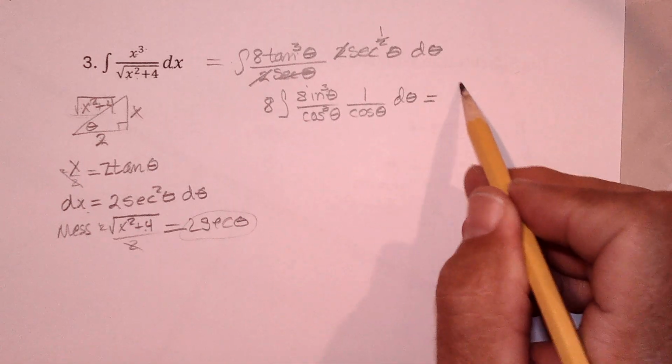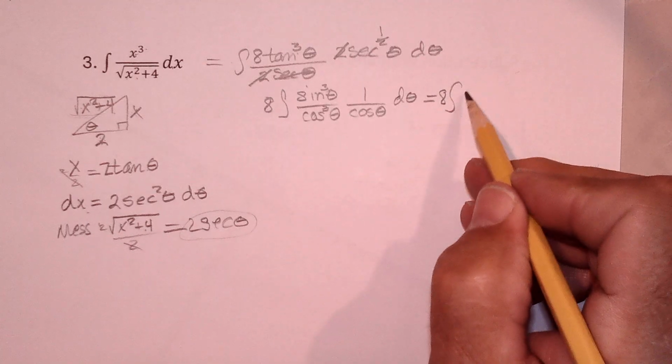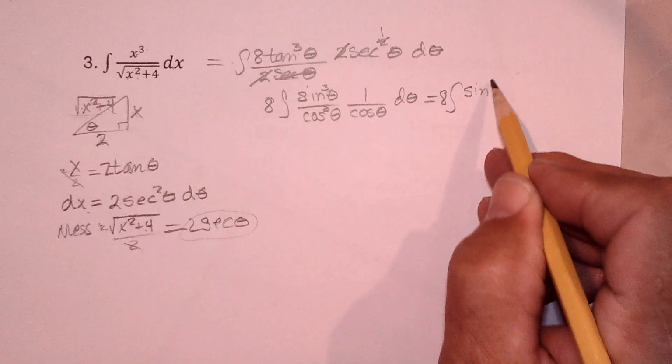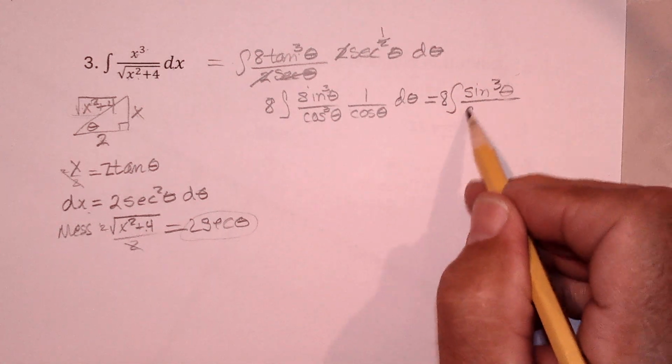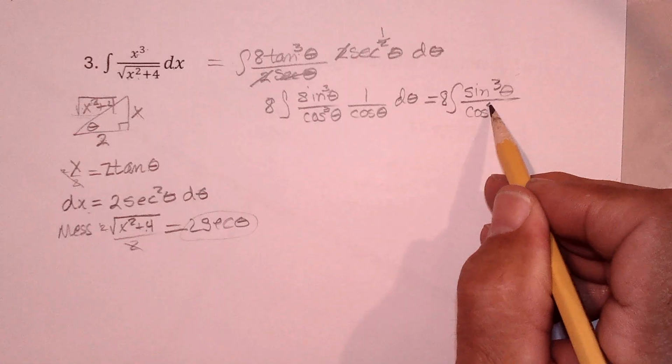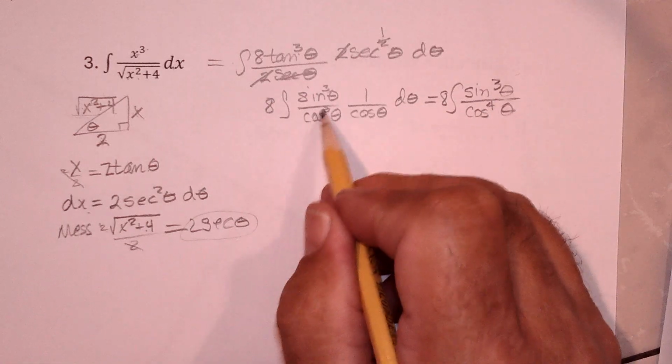However, it's the sine to the third theta over cosine to the fourth theta, because we got 1 cosine times 3 of them there.